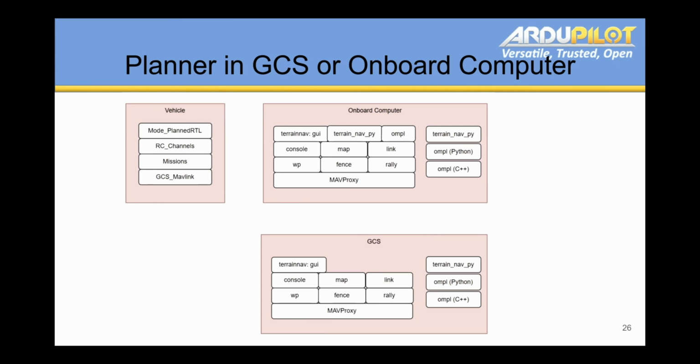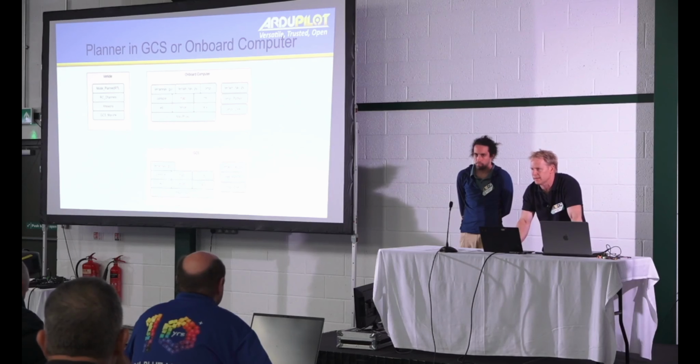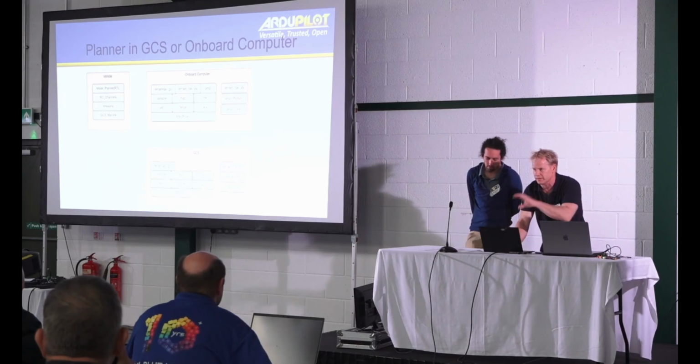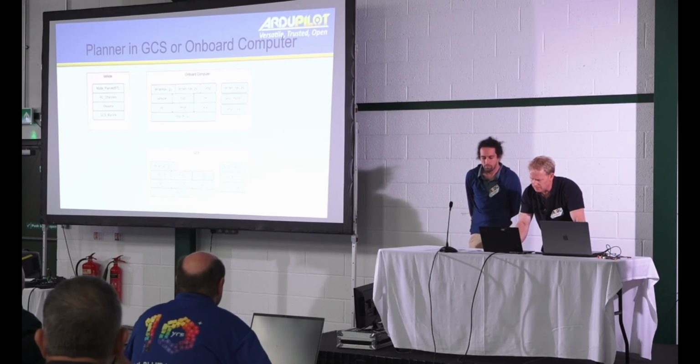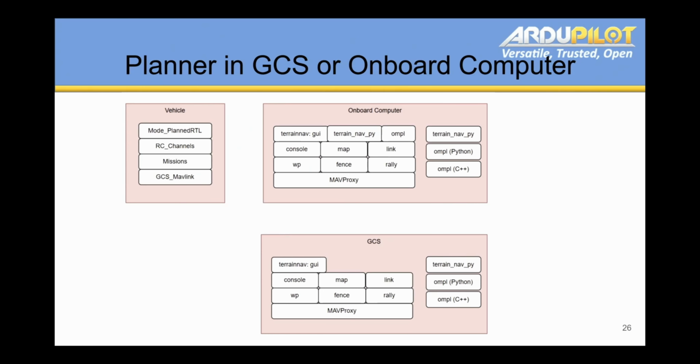This is a motion planning library for state space planning. It's used in industrial robotics, so if any of you are familiar with the ROS MoveIt packages, OMPL is the underlying planning library that's used to plan kinematic paths for robotic arms, so they avoid collisions and get to start and end points. It can be used with different state spaces, and the one that we're using is this Dubins airplane state space.